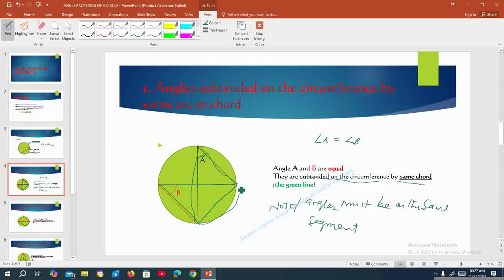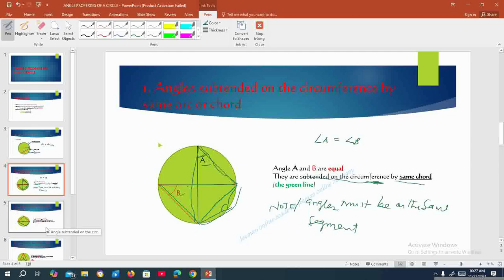So this arc, if it subtends another angle on this alternate segment, this angle will not be the same. These angles will not be equal. This angle will not be equal to this and will not be equal to this because they are subtended on alternate segments. But these two are going to be equal. So the angles subtended on the circumference should also be on the same segment of the circle.